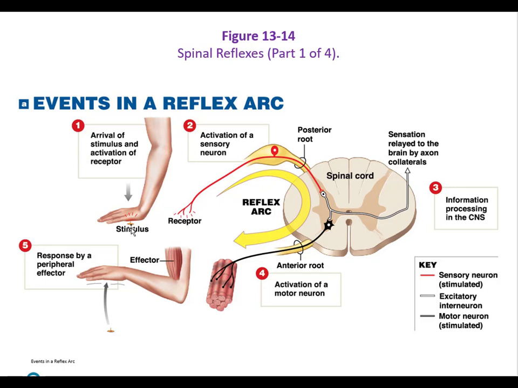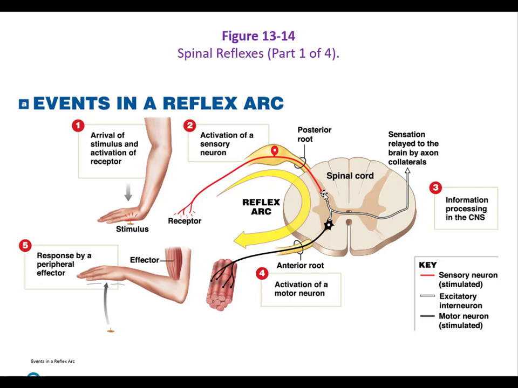So again, we leaned on a tack. This was our effector. This was our receptor who picked up the information. It sends the information down the dorsal root, comes in the posterior horn, lands on the somatic portion of the spinal cord, somatic sensory information.